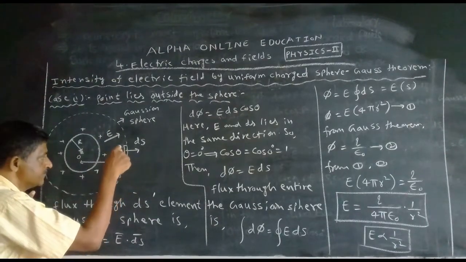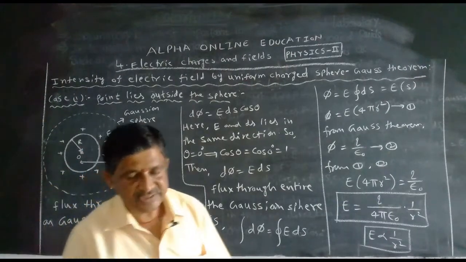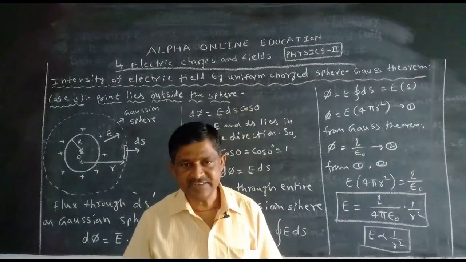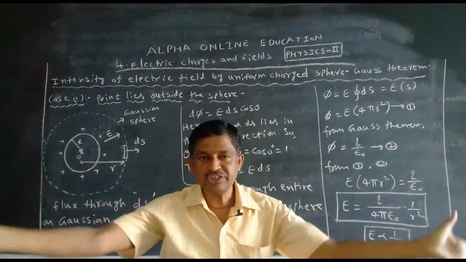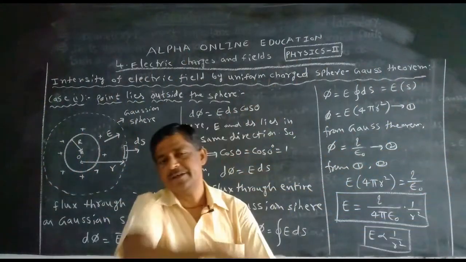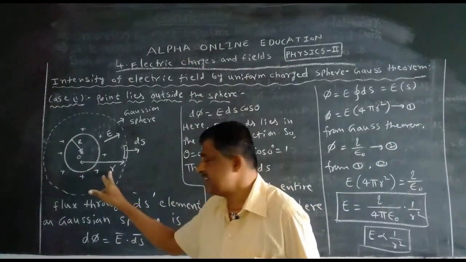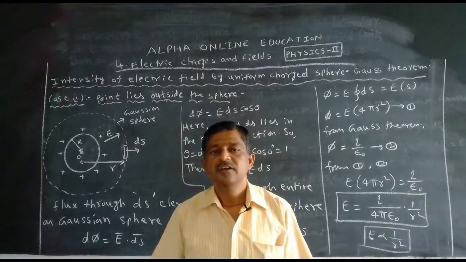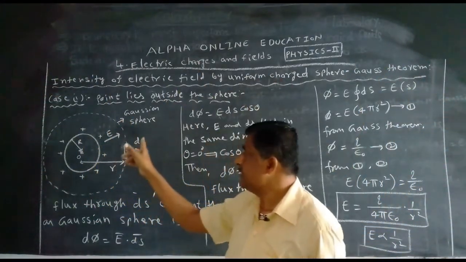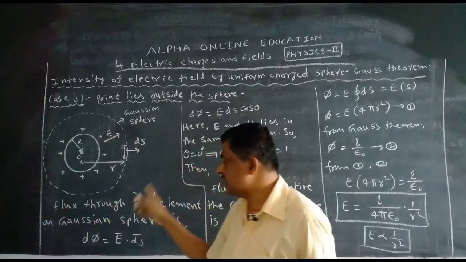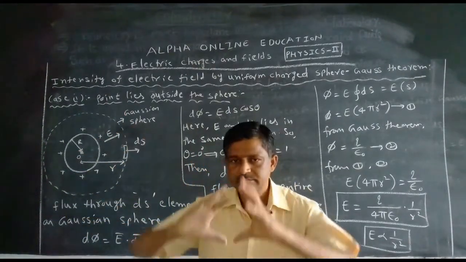This distance is considered as the radius, and we imagine one Gaussian sphere around the charged sphere. This is the Gaussian sphere.